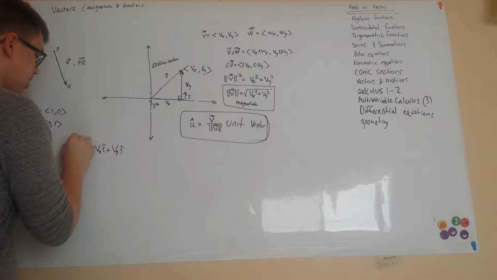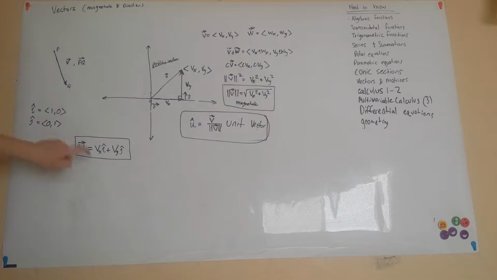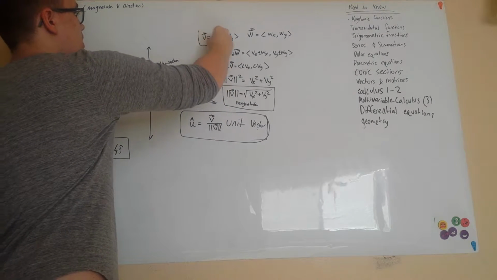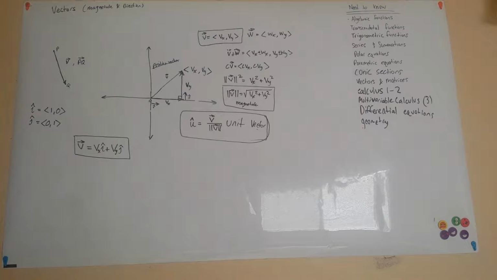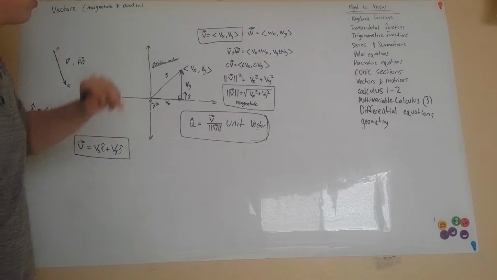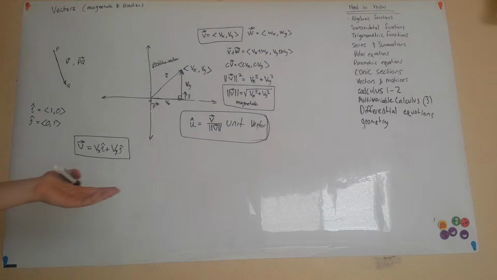And this is another notation of our vector. We will use these two interchangeably all the time. I will use it in the physics videos, and you'll see it in the science videos, of course.